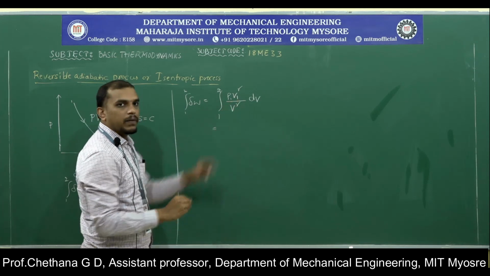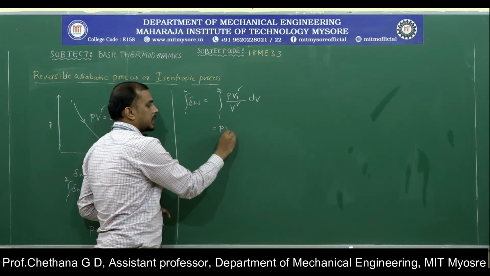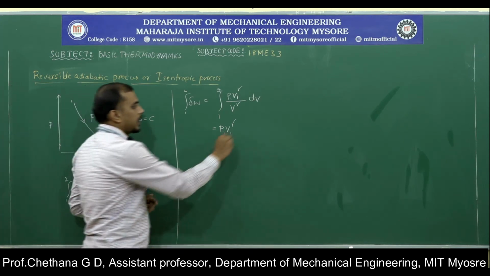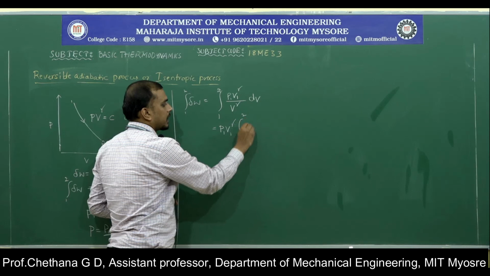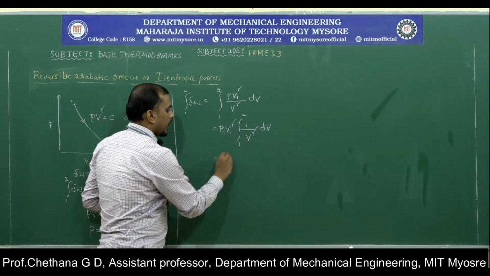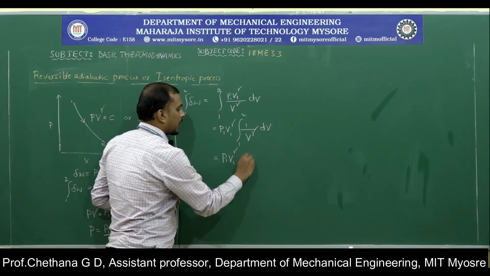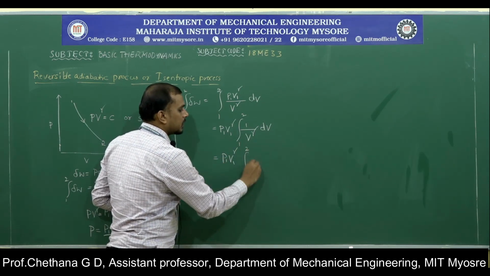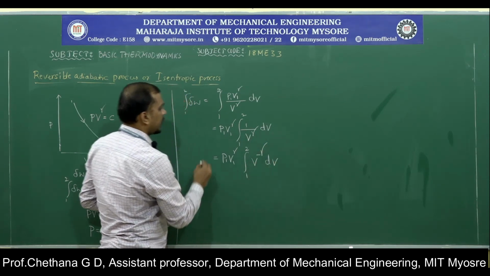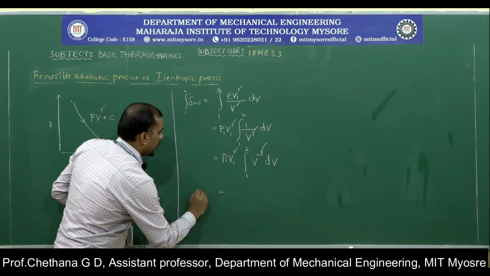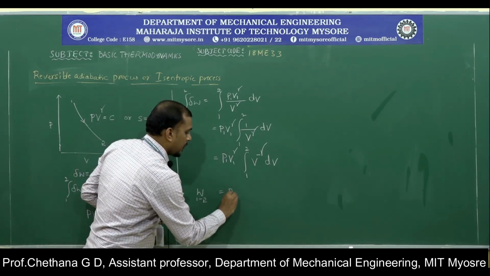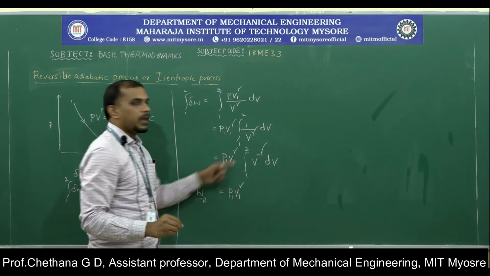Now take out P1 V1 power gamma outside because it is constant. As we said, PV power gamma is constant in this process. Then what you will have within the integration limit is 1 by V power gamma. Then in order to integrate, what we can do is take this to the numerator, V power minus gamma dV. Now we are ready to integrate. This side it will be W of 1 to 2, then P1 V1 power gamma, V power minus gamma.